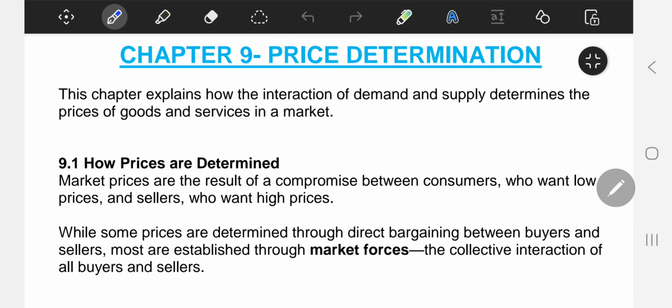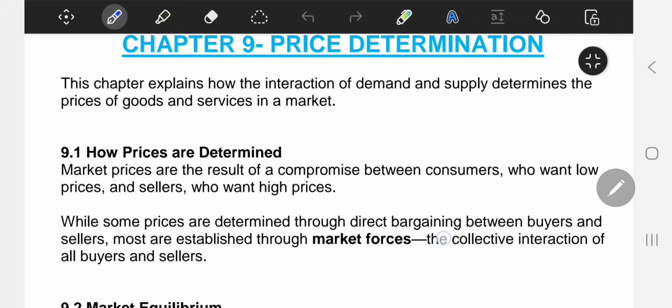Now, we are not saying that prices must only be determined by the force of demand and supply. There are other methods that can be used, including bargaining, for example, or maybe the government setting a price or giving out a recommended price. But for this chapter, we are only going to focus on the market forces of demand and supply. And I'm going to show you how that works just now.